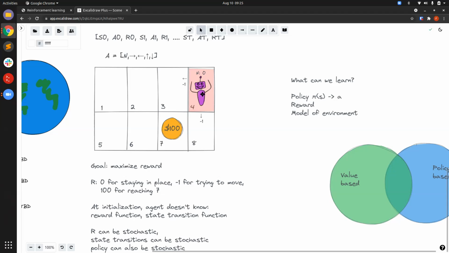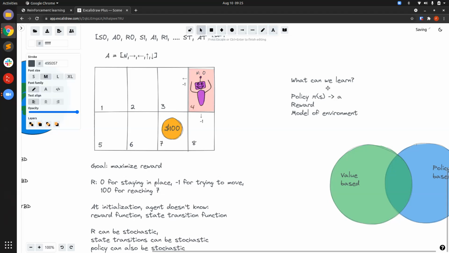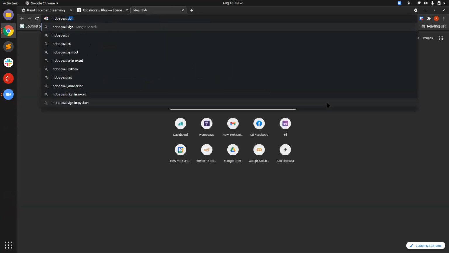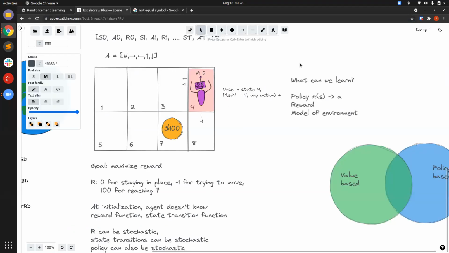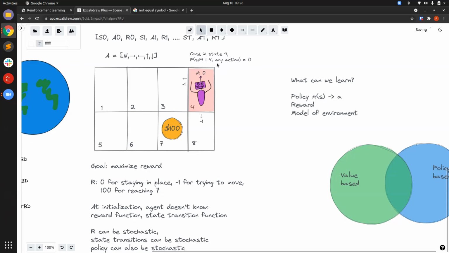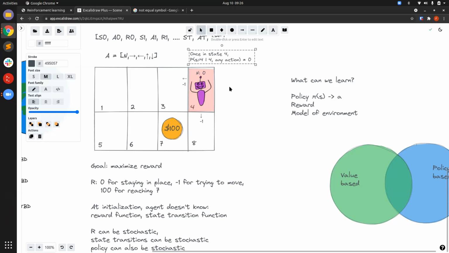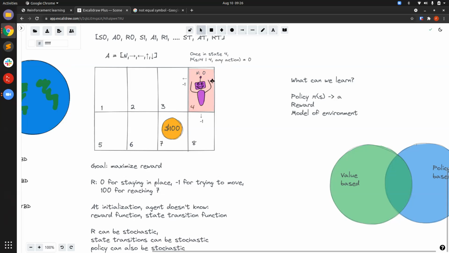And we said that we have something about state 4, that once you end up in state 4, the probability of reaching any other state, given you're in state 4 and take any action, is 0, meaning you're always stuck in state 4.